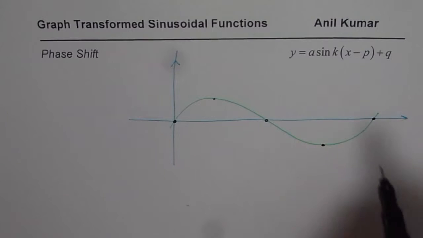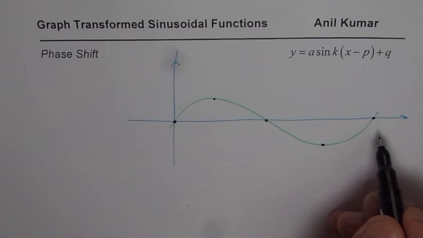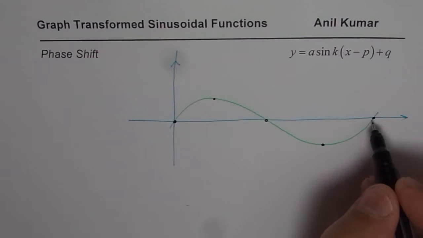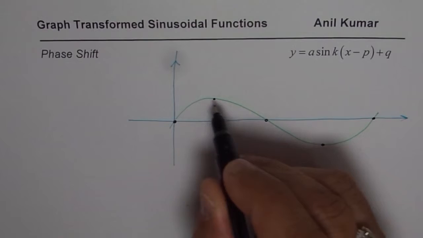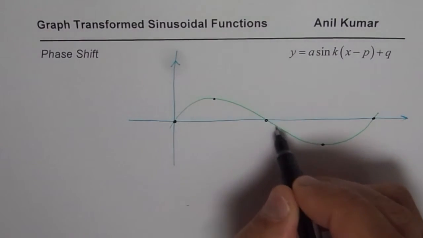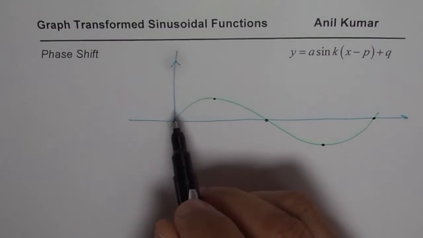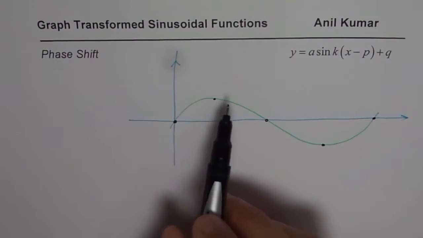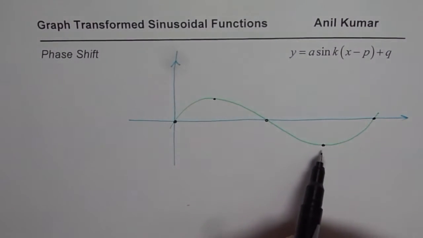So let us consider a general sine function, right? And we say the time period be T for us. In that case, that time period is divided into 4 equal parts to give you these points, right? So the end points are both zeros, and in between we have plus 1, 0 and minus 1.